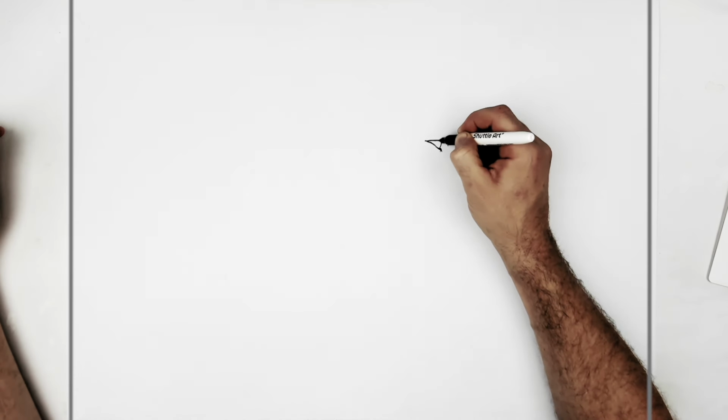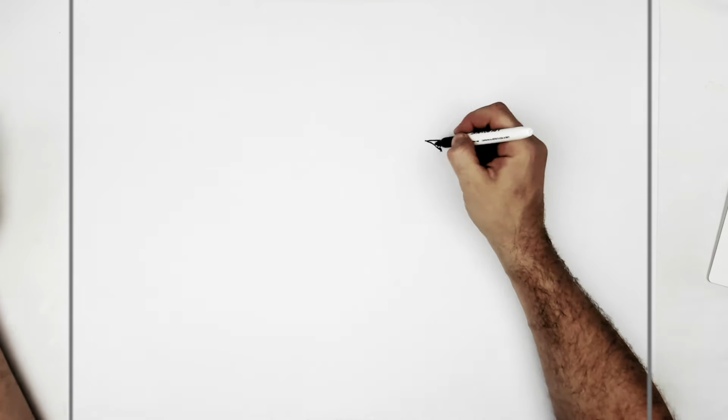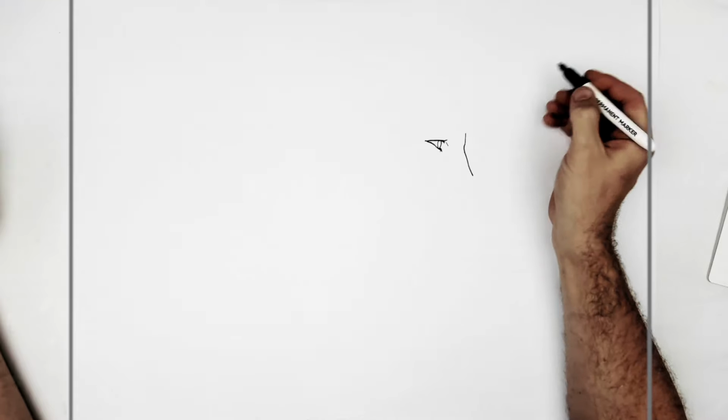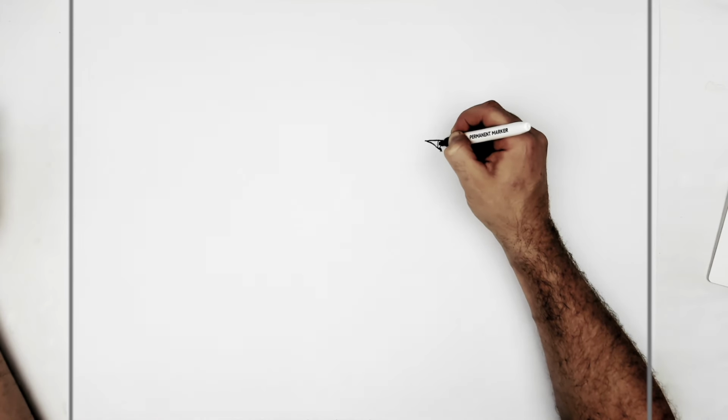Okay, so the iris, just a little semicircle just here. And then the pupil, can't really see it, but we'll pretend we can. It's like a skinny circle at the back there as well.